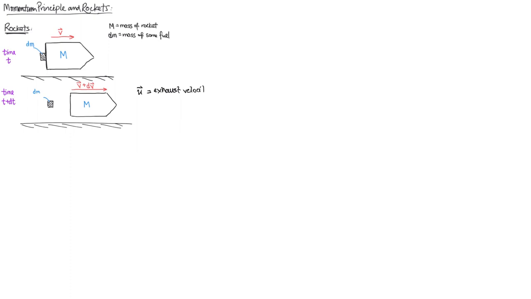That will be a property of the rocket. That is the velocity of the fuel relative to the rocket. And here we're doing our conservation of momentum in a frame relative to the ground. So we want the velocity of this little piece of mass relative to the ground.